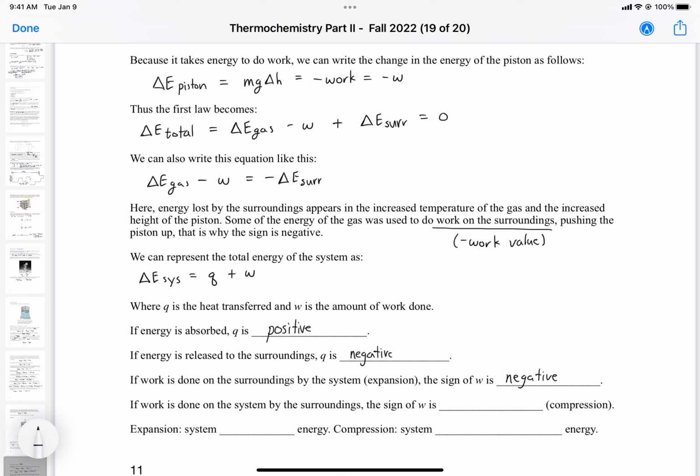And if we increase the pressure, that means the velocity of the gas particles will increase, right? So in this case, we say energy is entering the system, and it's giving the gas particles higher kinetic energy, or higher energy than it once had. So the sign of W in this case is positive.